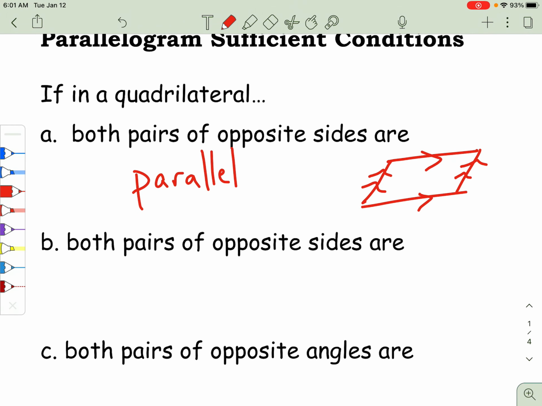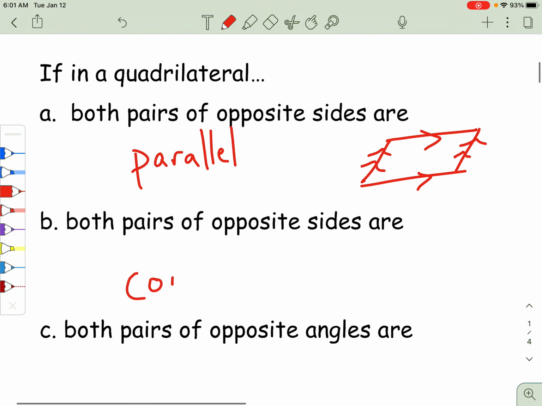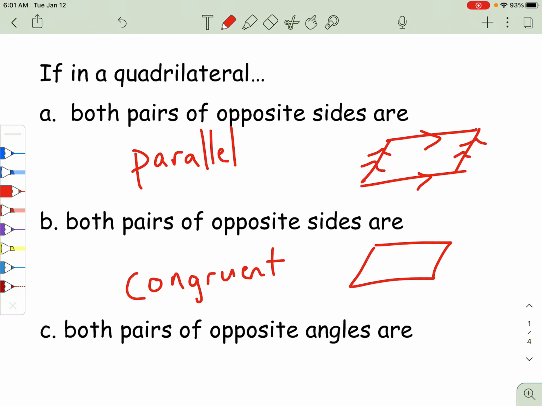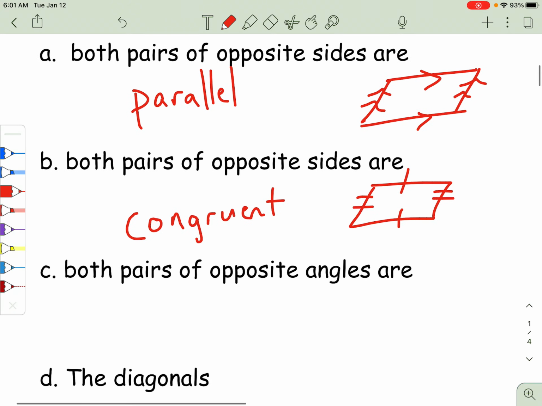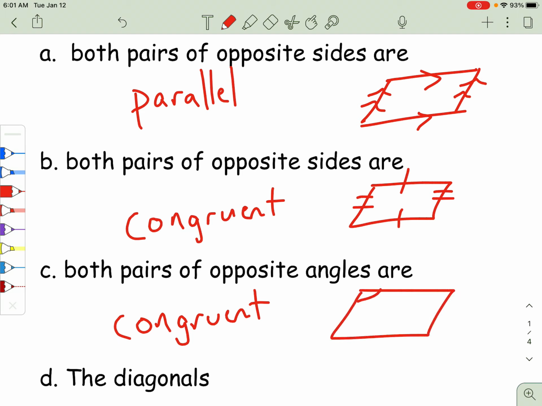If both pairs of opposite sides are congruent, then you know it's a parallelogram. So if this side's congruent and these are congruent, it's also a parallelogram. If both pairs of opposite angles are congruent, then it's a parallelogram. So this one and this one, and this one and this one, right?